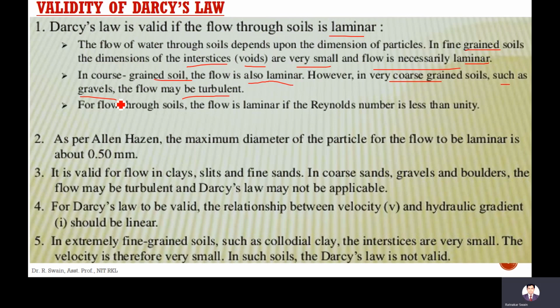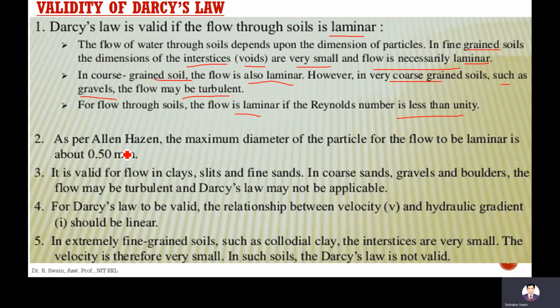When the particle size increases, the flow changes from laminar to turbulent. In case of turbulent flow, Darcy's law is not valid. Flow through soils is laminar if the Reynolds number is less than 1. So when the Reynolds number is less than 1, the flow is laminar and Darcy's law is valid.